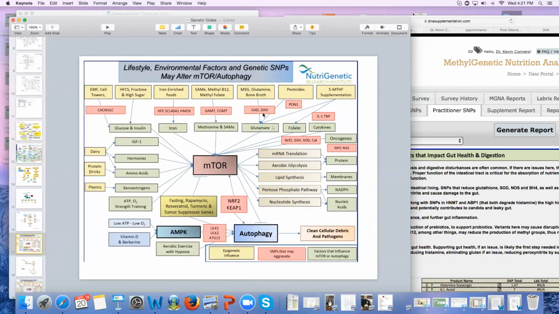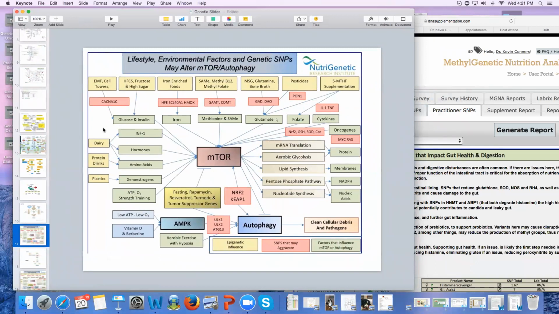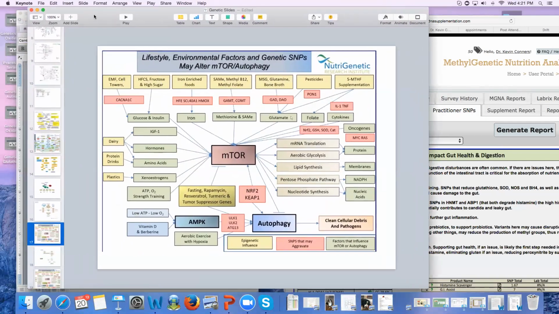Especially if you have GAD or DAO gene defects or GLUT gene defects, you're going to produce a lot of glutamate, and that in itself stimulates mTOR, but glutamate also stimulates. We could have another arrow, let's talk about just sympathetics here: glutamate stimulating sympathetic, upregulating mesencephalon. Just more things to consider about how bad our food system is, putting glutamates in everything to make you addicted to them.